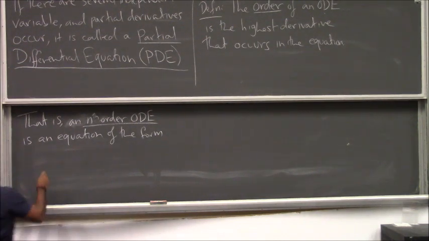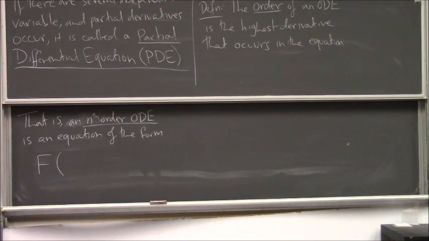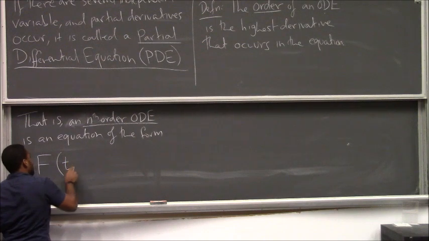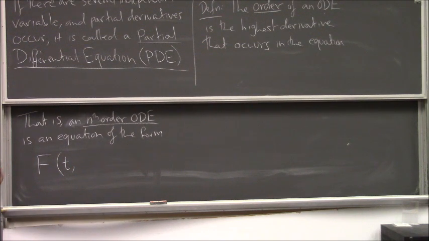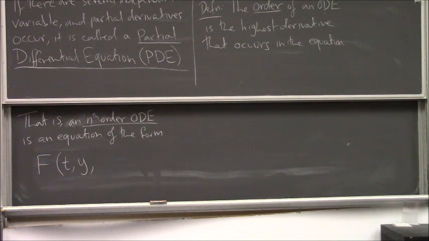here's how it's going to look. There is going to be some function of a bunch of variables. t, which I'm going to use for the independent variable because often our independent variable will be time, though not always, it could be x, could be whatever, but t is very typical for a differential equation. y, which is the dependent variable, this is the function of t.